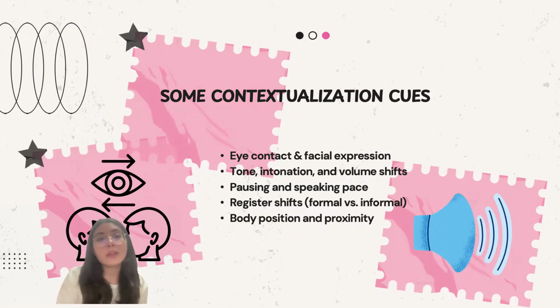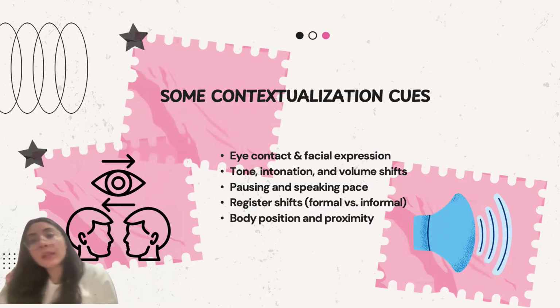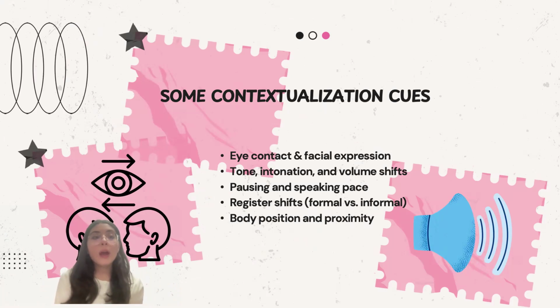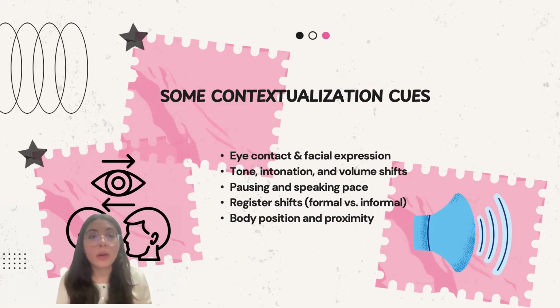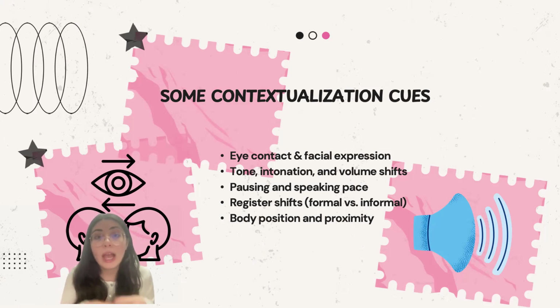And now we're going to talk about some contextualization cues. From a wide range of contextualization cues, some are especially important to pay attention to. For example, eye contact and facial expression strongly influence how attention, respect, and engagement are interpreted, right?